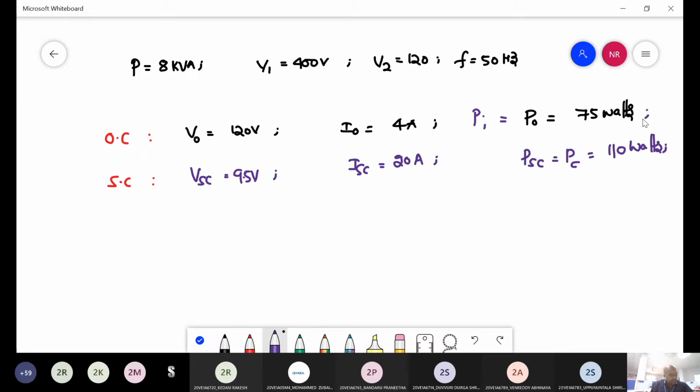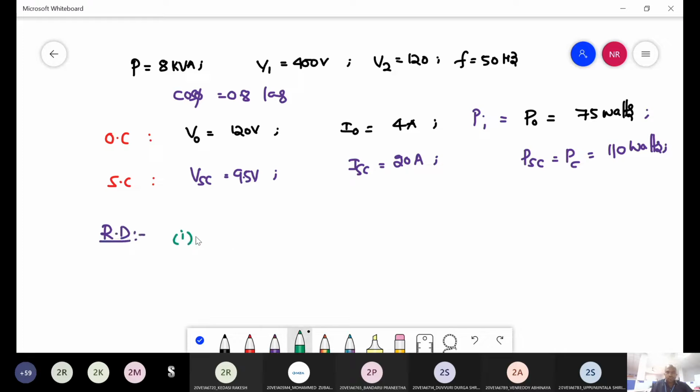So what do we have to calculate? Calculate the voltage regulation and efficiency at full load, with power factor cos phi 0.8 lagging.